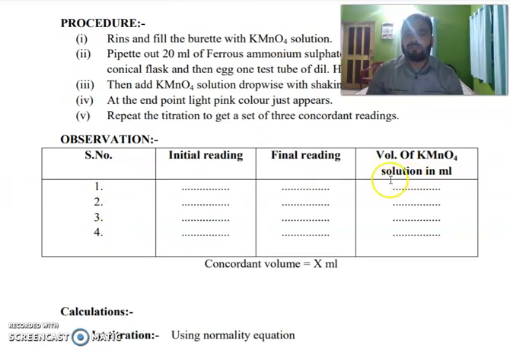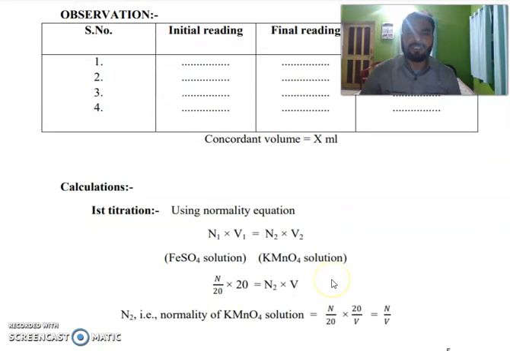Make the observation table: initial reading from the burette, final reading, and volume of KMnO4 solution in ml, concordant. So concordant volume X ml. Then do the calculation. From the first titration, using the normality equation N1 V1 = N2 V2, ferrous sulfate solution and KMnO4 solution.